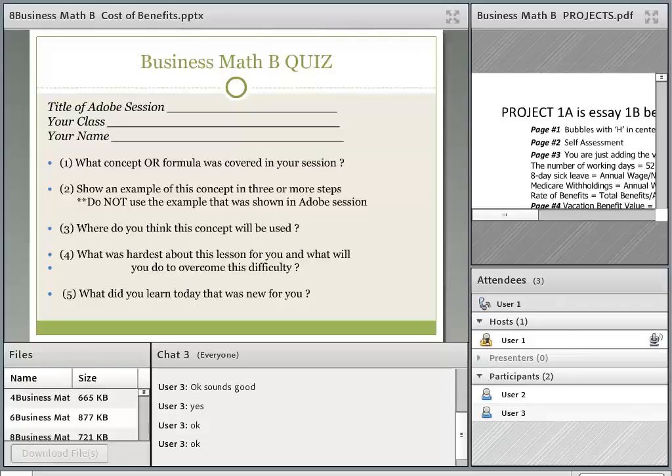If you click on that and download it to your computer, you can fill it out, type on it, and email this to me. Okay? The question I have for the people in the classroom today is, can you tell me which concept or formula you're most familiar with? Which concept or formula was new for you? You can go ahead and type that in the chat box.